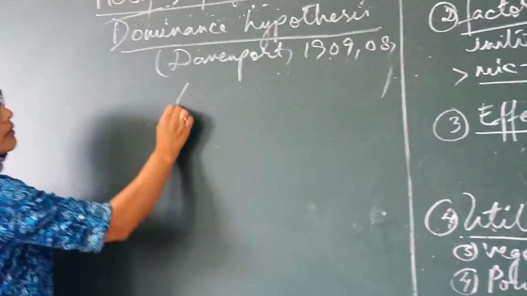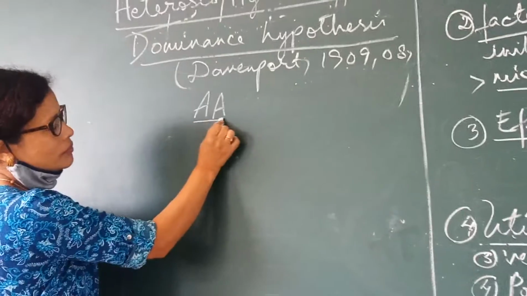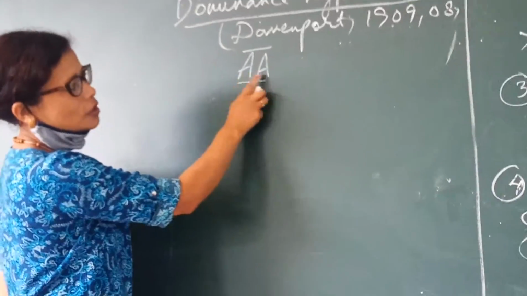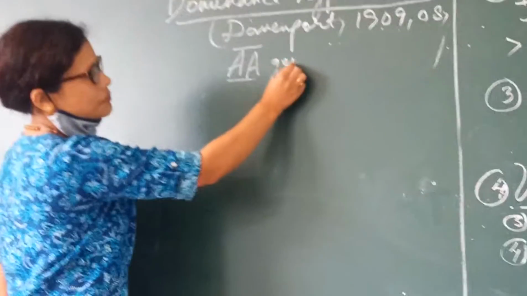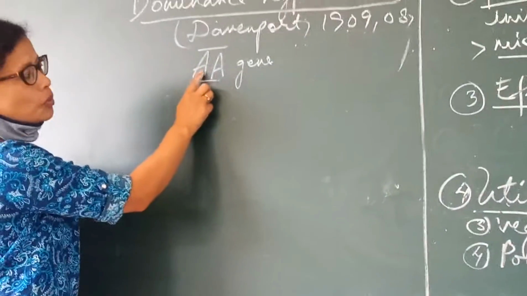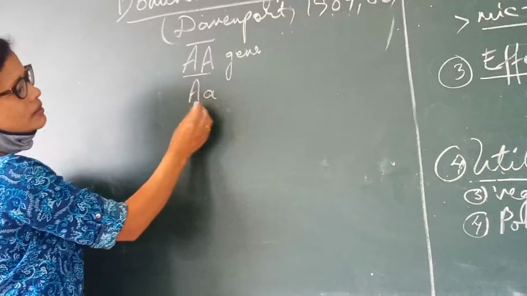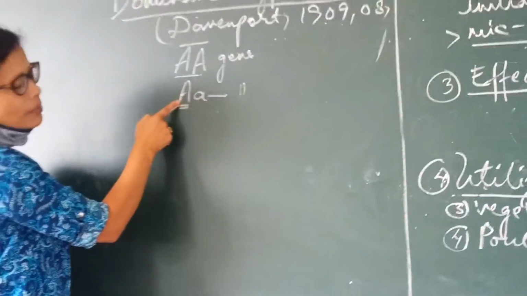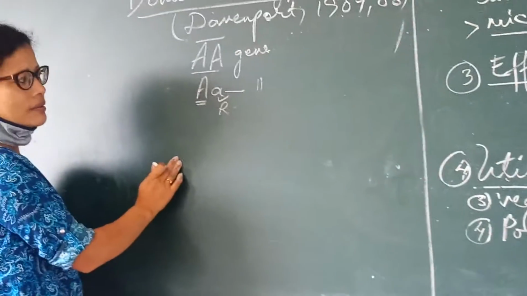Now whenever I write AA, I have written it in capital letters, with two forms of A. This is the gene. Since this is written in capital letters, both the genes are dominant. If I write it again like this, then again this is also a gene, except that in this case capital A is dominant and this small a is said to be recessive.